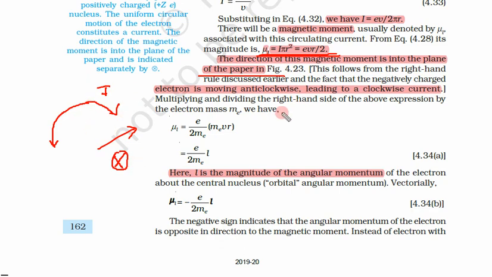Why? Because the current flows in the opposite direction. This follows the right hand rule discussed earlier and the fact that the negatively charged electron is moving anti-clockwise. So the electron was moving in this direction, leading to a clockwise current, because current moves opposite to the motion of the electron.